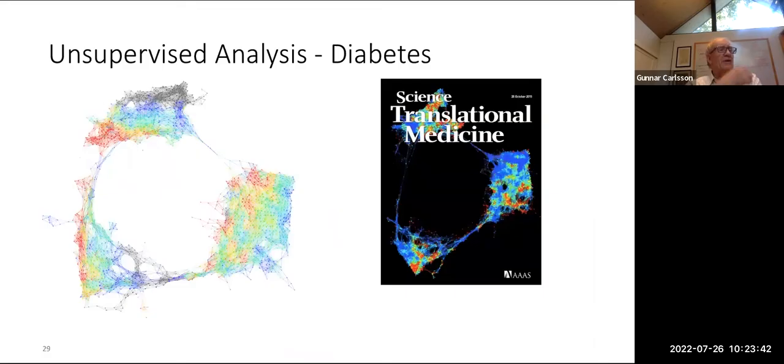So for example, there's a group at Mount Sinai working with Joel Dudley at the Mount Sinai Hospital that studied a data set of about 11,000 type 2 diabetics. It was some genomic data, and it was also health record data. And what they found was that this was the graphical model of those type 2 diabetics.